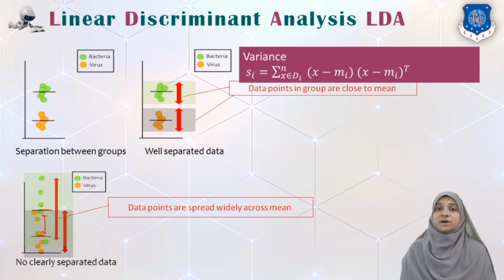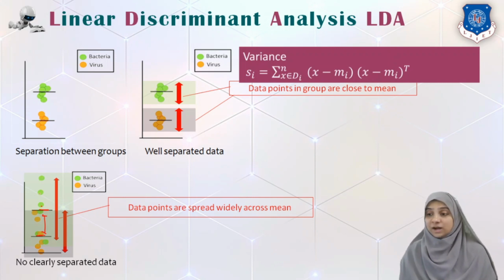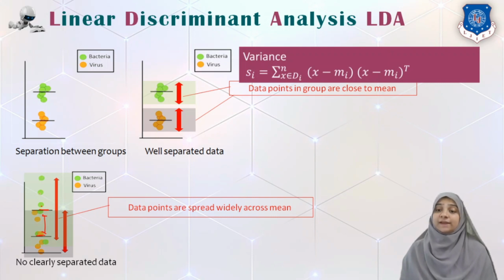From all data points in the given group's data set, we combine all instances up to n. We calculate x minus mi, where mi is the mean of the given group i. We have only two groups in the diagram, so we will have m1 and m2. Say m1 stands for the virus group and m2 is the mean for the bacteria group.